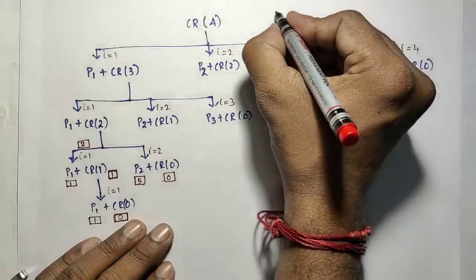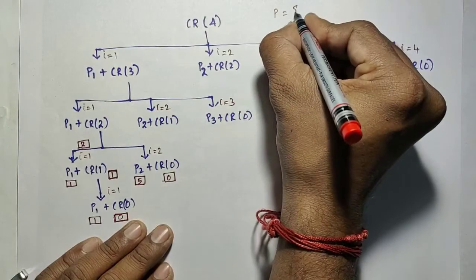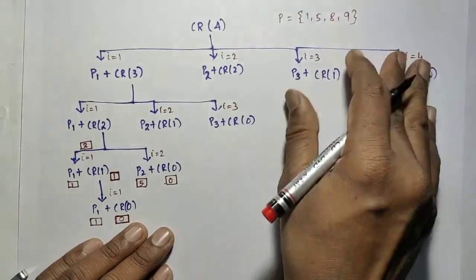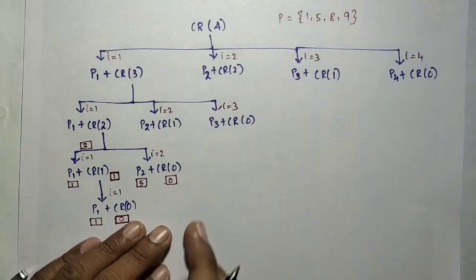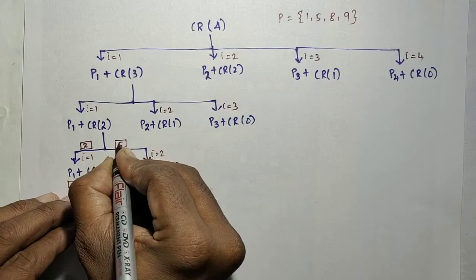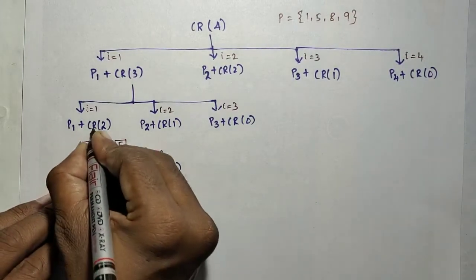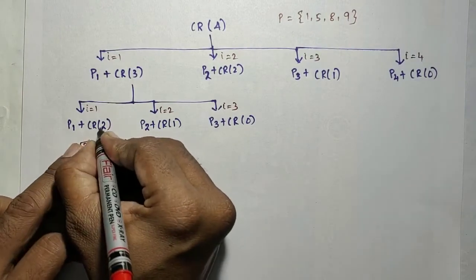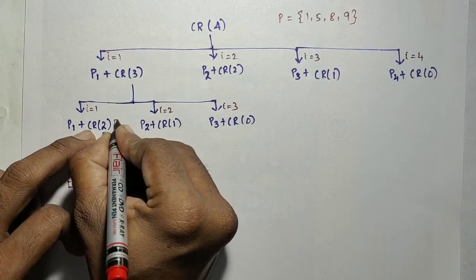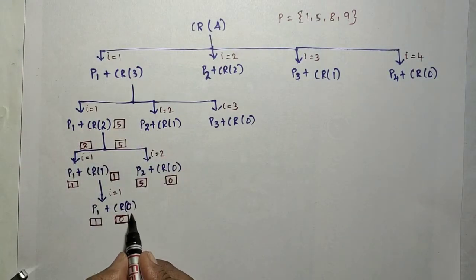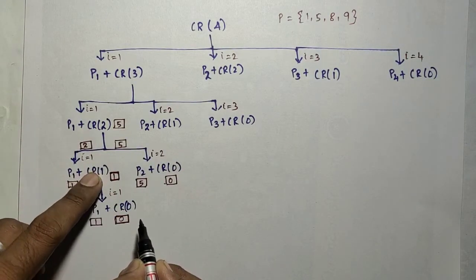The p array is 1, 5, 8, 9, like that, it is given as an input, so it is taken from here. Among these two branches, maximum is 5. So the maximum revenue of a 2-inch rod is determined as 5. Correct. So maximum revenue of 0-inch rod is 0, it is returned.